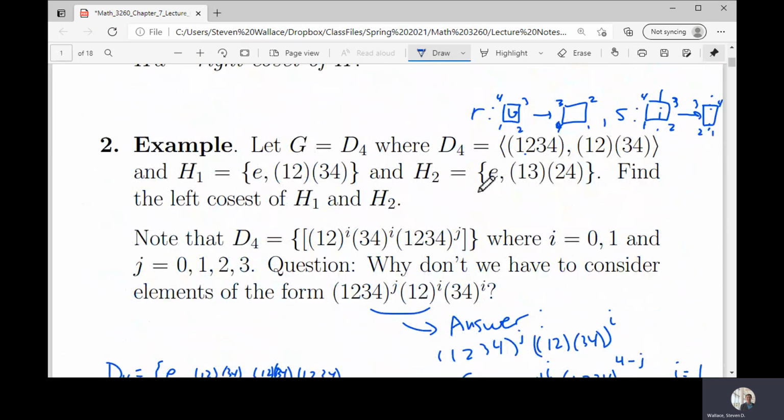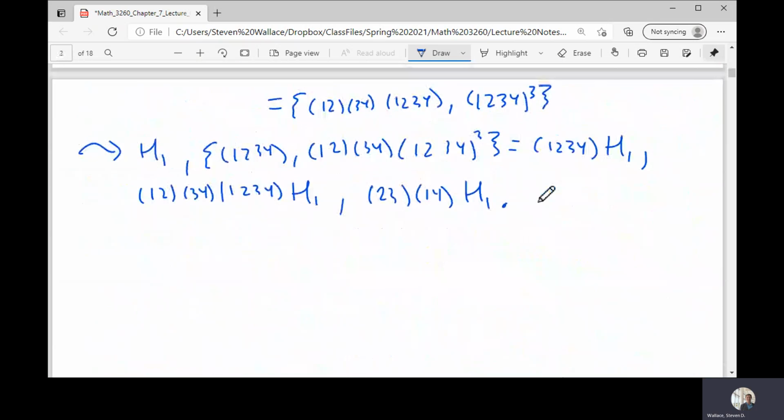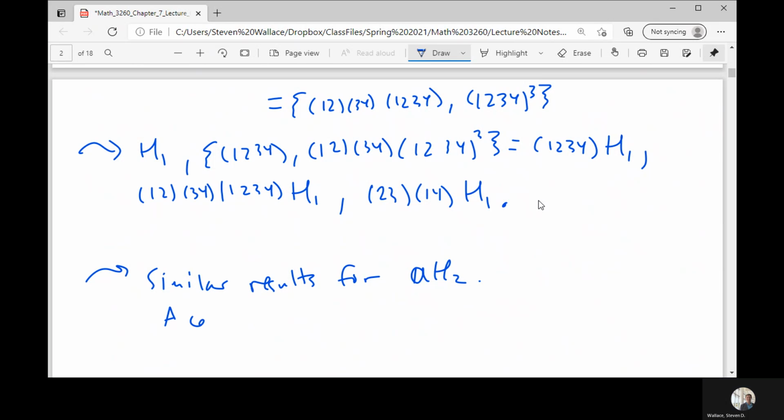Certainly, if I do the same thing for H2, we get a complete set of coset representatives, a set of 4 elements.